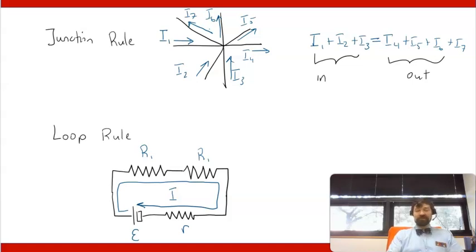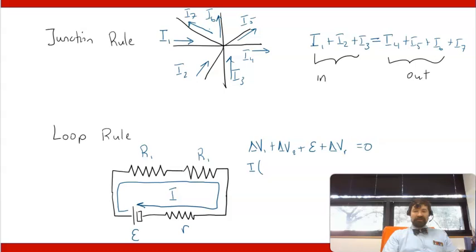And so my loop rule basically says delta V1, delta V2, epsilon, and maybe delta V little r must be equal to 0. And so you can then apply Ohm's law and get something like I times (R1 plus R2 plus little r) plus epsilon is equal to 0. And that's a basic way of writing it.